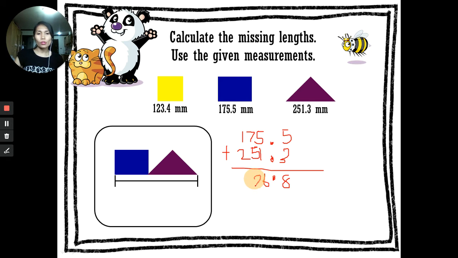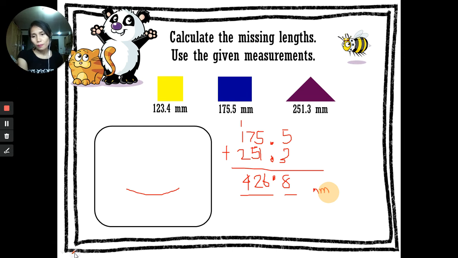So write down 2, carry 1 up there. 1 plus 1 is 2, plus 2 is 4. So that means the length of this is 426 and 8 tenths millimeter. All right, let's try another one.